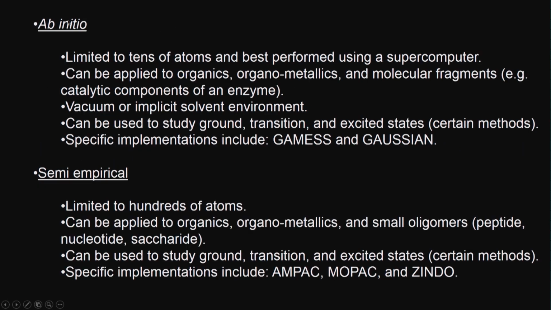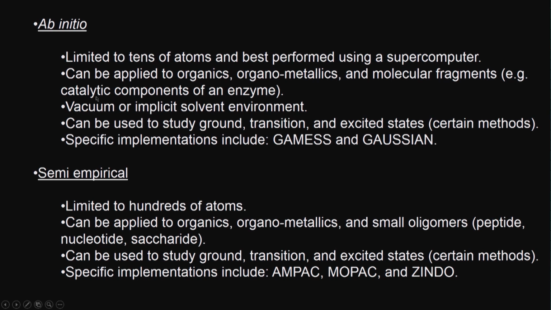Okay, so like I said, we have ab initio and semi empirical. Ab initio is limited to tens of atoms, so you need to have very good computational resources. We can apply it to organics, organometallics, molecular fragments, catalytic components of an enzyme.